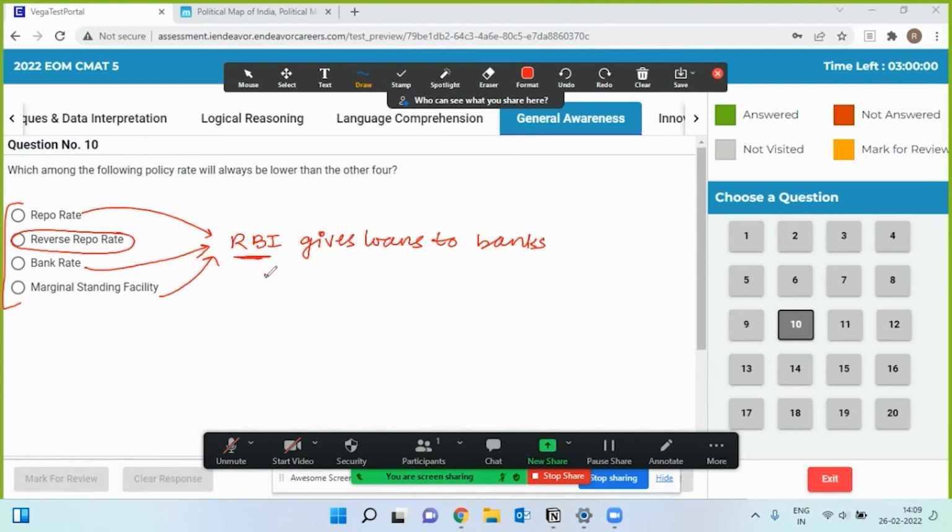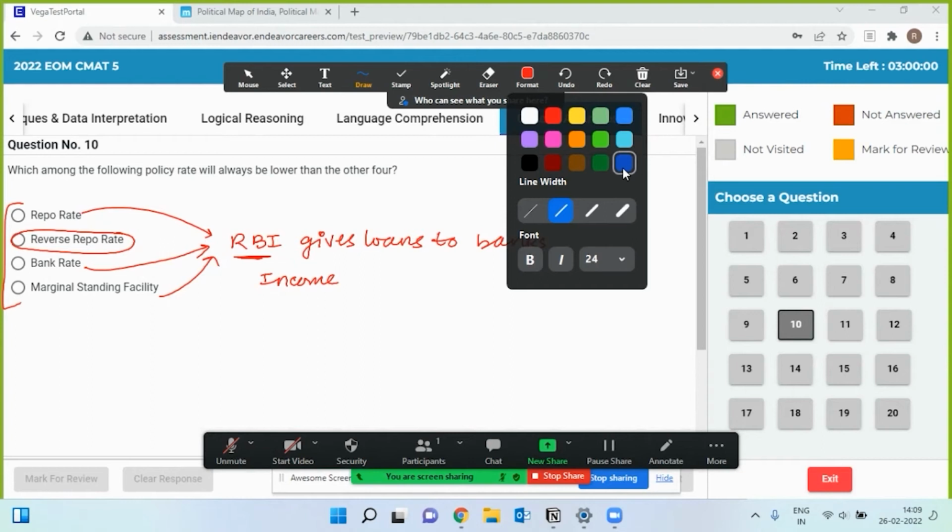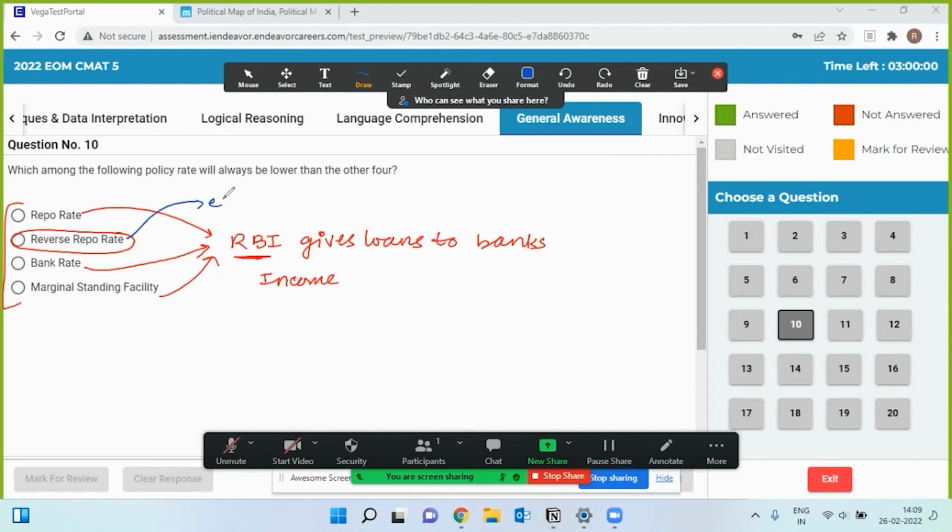Whereas reverse repo rate is actually an expenditure for RBI. And RBI is very wise. This is why RBI always keeps its expenditure lower. Just like any wise person, RBI also keeps its expenditure always lower than its income. And this is why the correct answer is reverse repo rate. I hope you are able to understand the logic here.